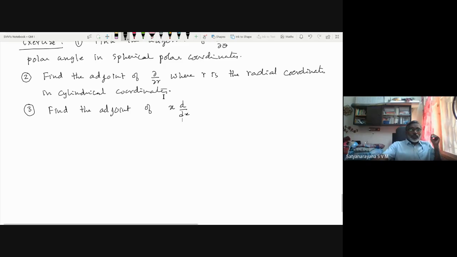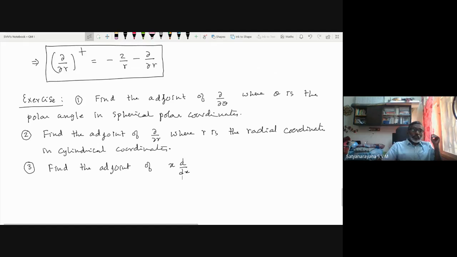Okay, now we will define what is called a self-adjoint operator.